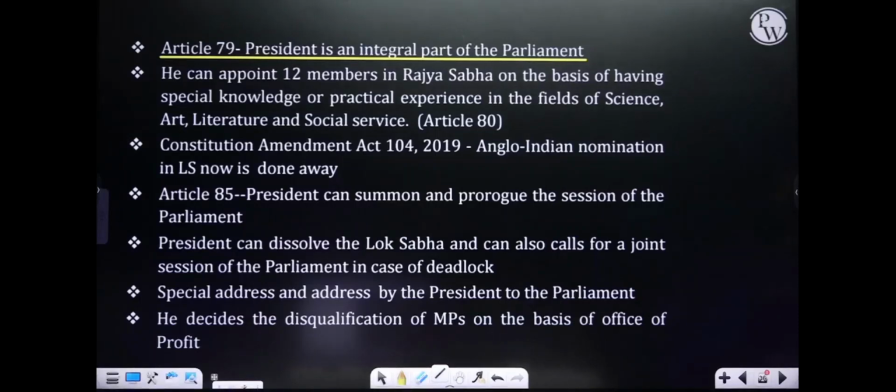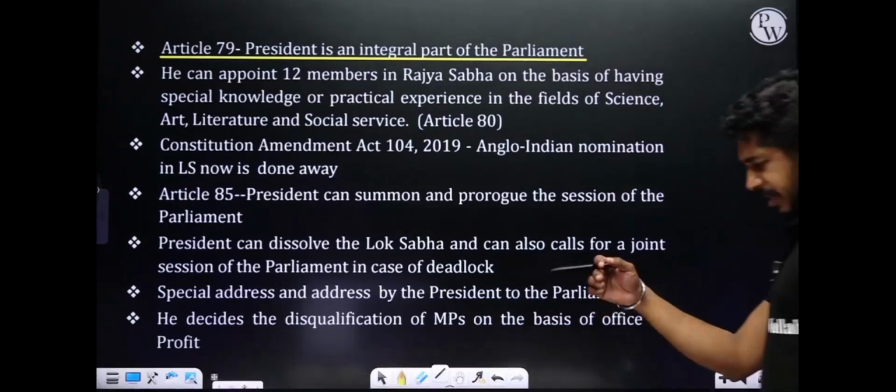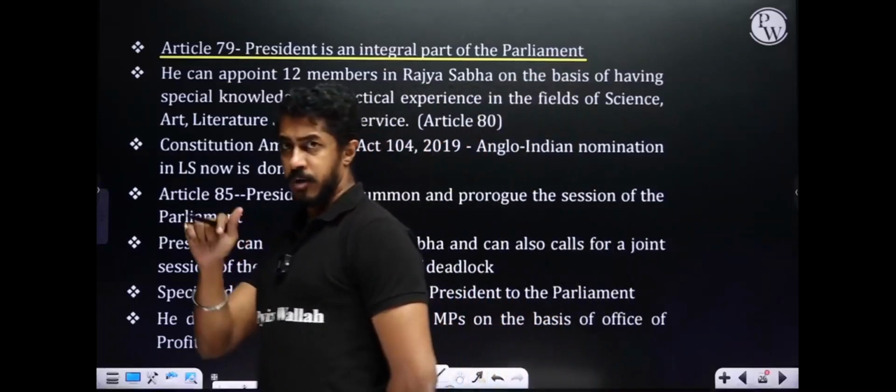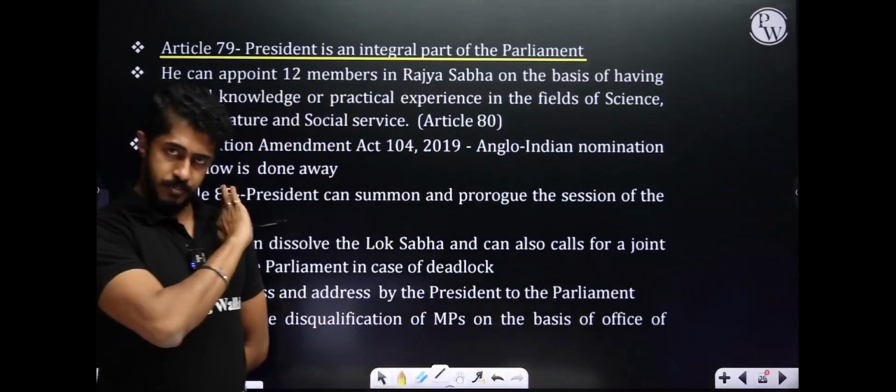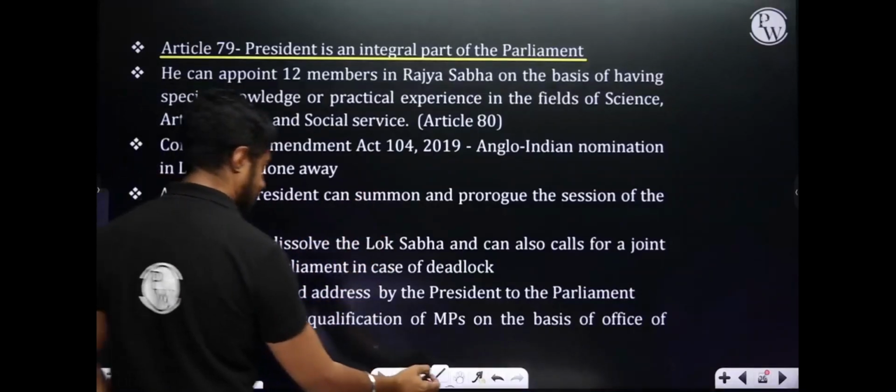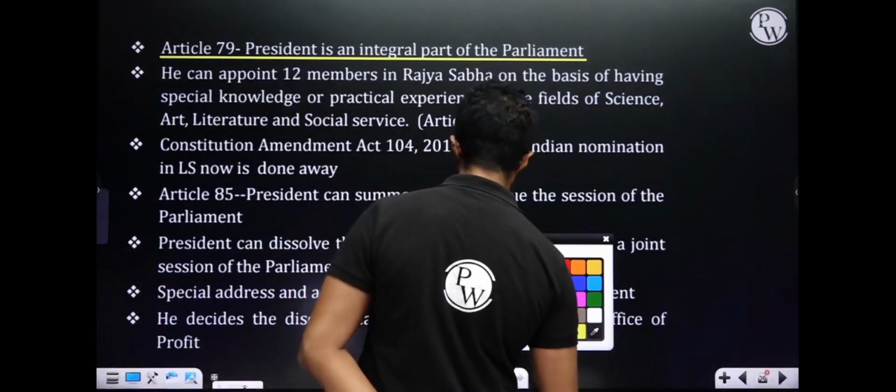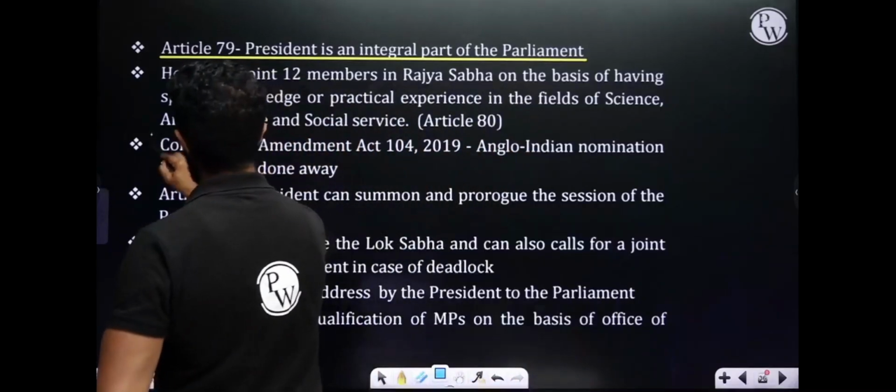Constitutional Amendment Act 104 of 2019, Anglo-Indian nomination in Lok Sabha is now done away with. Earlier in Lok Sabha there used to be an Anglo-Indian nomination, 2 seats were there. Now that procedure itself has been stopped. It is no more there.